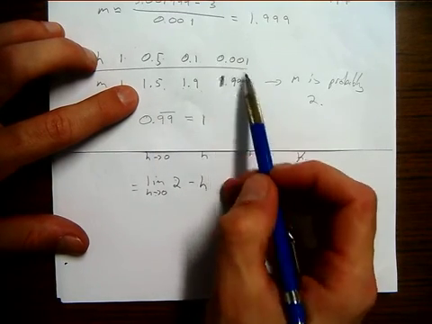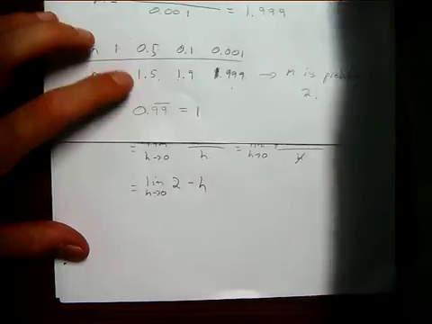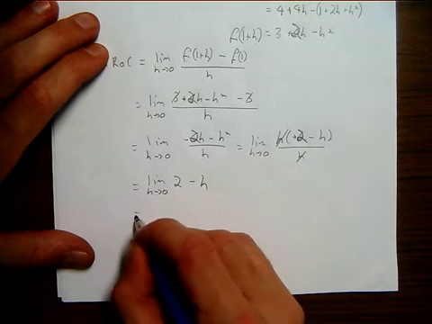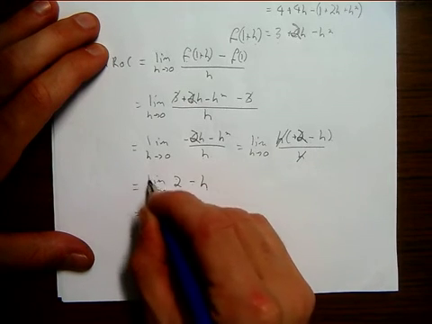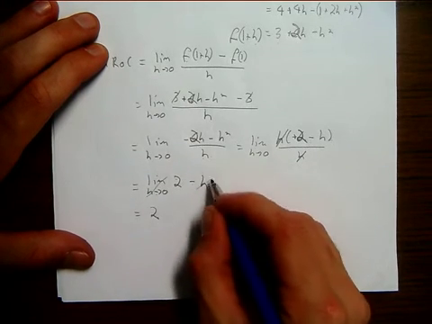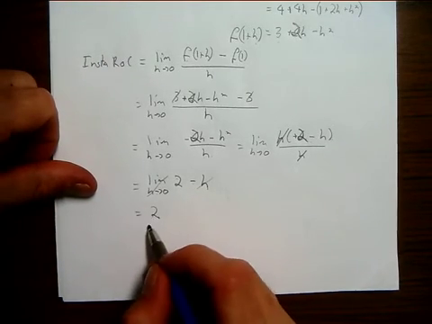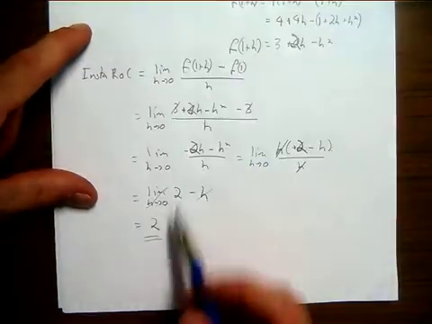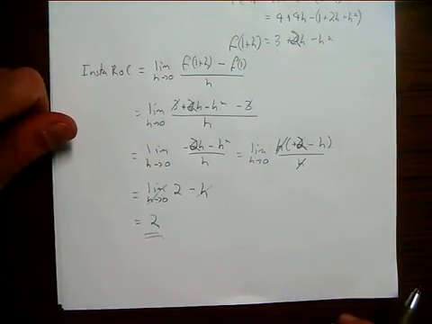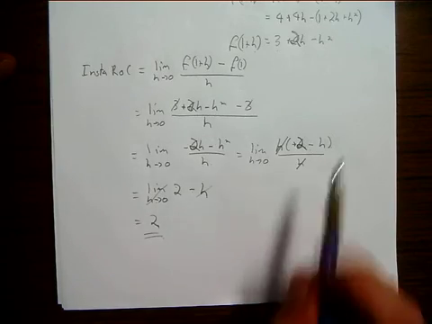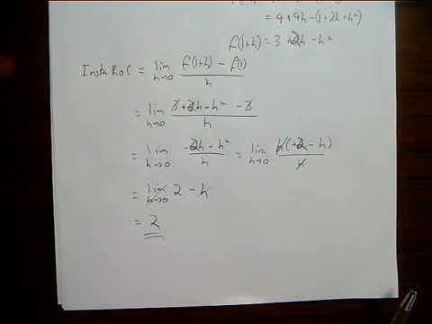So if I make h 0 here, that's equal to 2. In a way, these cancel out. I've evaluated that limit, and I get that the instantaneous rate of change at x equals 1 is 2. And that's exactly what I saw before, except I've done this in a more mathematically robust way, I suppose. All right.